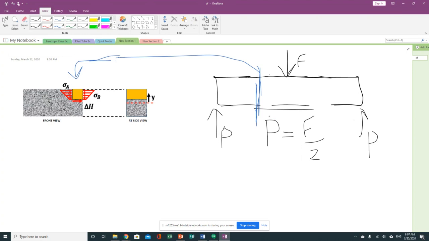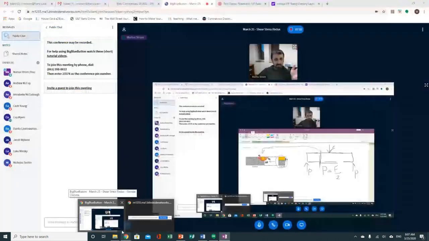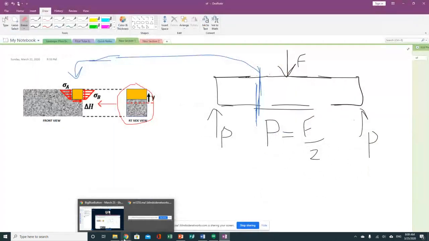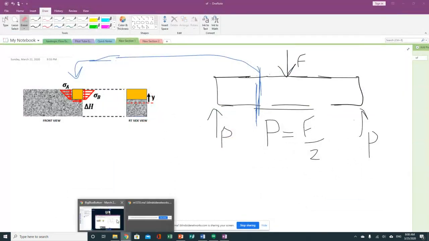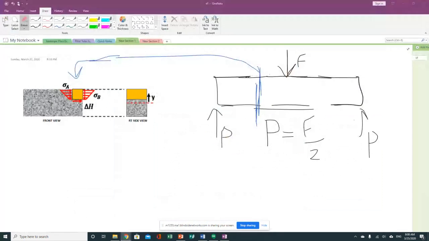And then if I look at that section from the side, like I look straight down the length of the beam at what I've cut, that's what this one is. We all clear on that? Yes, no, maybe? Cool, thanks, Jake. I'm going to drop that over there so I can still see answers.